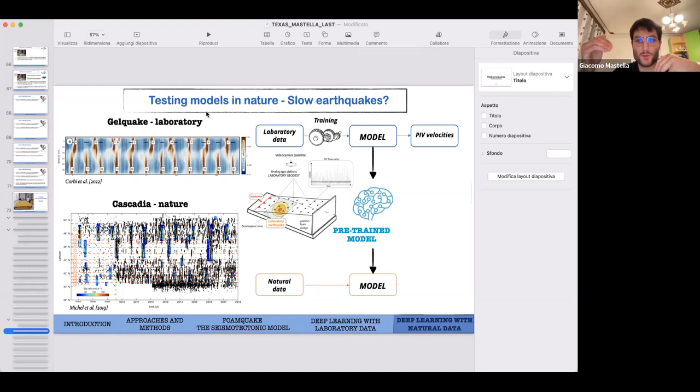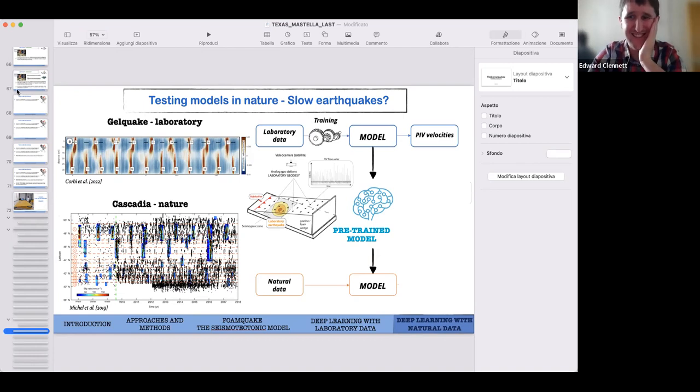If you want to do this exercise, you need a model that is very good at generalizing results. So you can try to build a model using different experiments with a lot of different configurations, with one asperity, two asperities, three asperities in different locations, and then try to build a very general model.